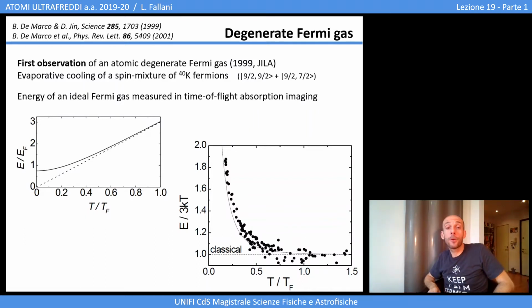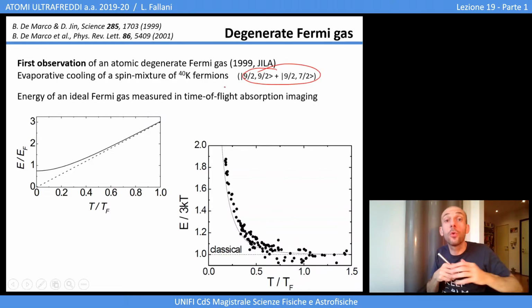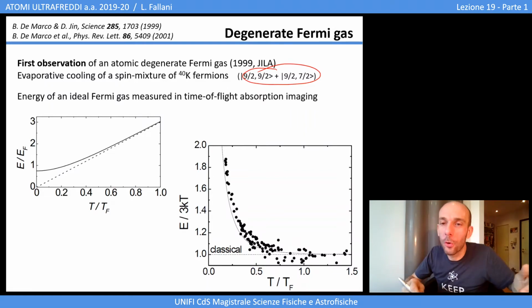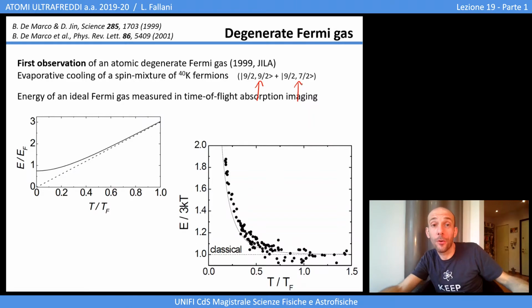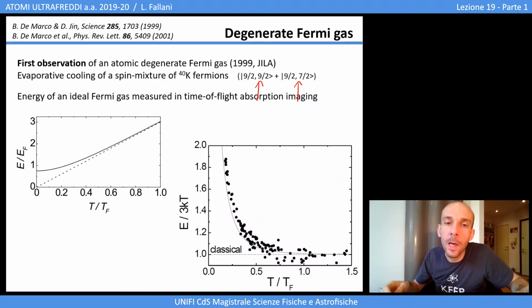Potassium-40, in particular, a mixture of atoms in two internal states was used, and in some sense it is a kind of sympathetic cooling in which you cool one of the two internal states by using the other state as a refrigerator. Maybe this is not as convenient or as efficient as using two different chemical species, but it works as well. And this was the first implementation of this technique with Fermi gases.